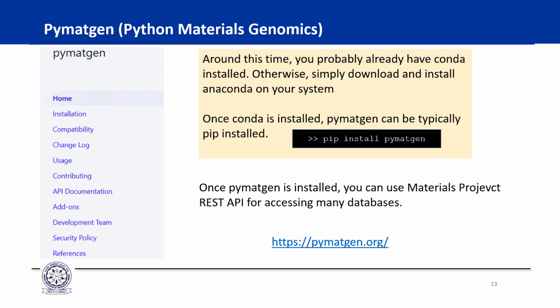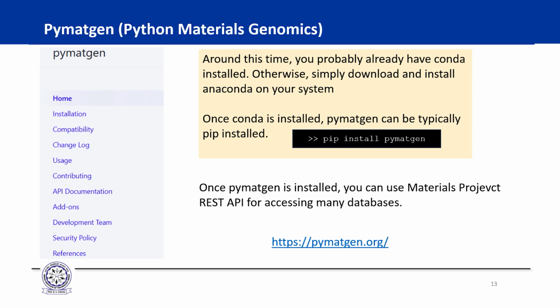There are lots of advantages with PyMatGen, but the one I want to emphasize right now, and the others we can talk about later, is that once you install PyMatGen, you will be able to use the REST API which has been developed by the Materials Project. This is going to allow you to access many different types of database.